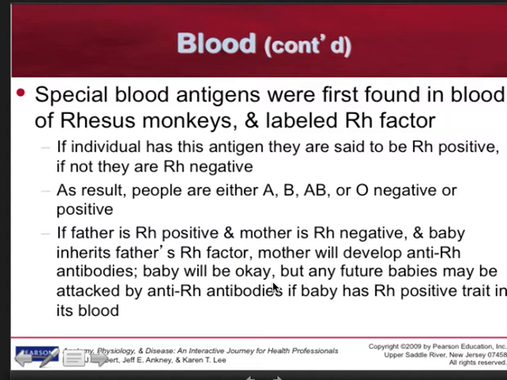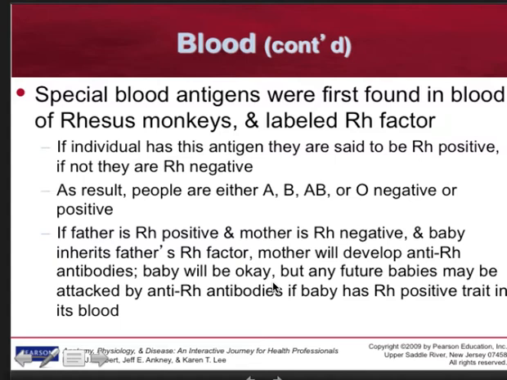Now, as a result of this other antigen that lies outside the ABO group, we classify blood as positive or negative, and a lot of people get confused. For instance, when I say somebody is A positive or A negative, they think that that's referring to the ABO antigen, and it isn't. It's actually referring to the Rh antigen.